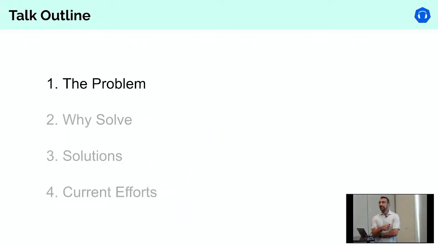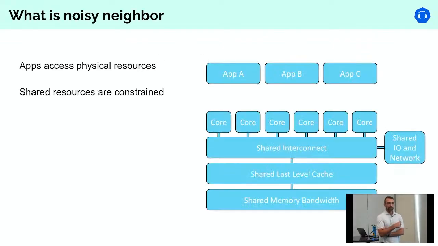Okay, so what is cache and memory noisy neighbor? So generally, what is noisy neighbor? We have applications that run on physical servers. We like to think about them as running in the cloud, but actually there's physical hardware that they use. And they have to share the resources that are offered by the servers.